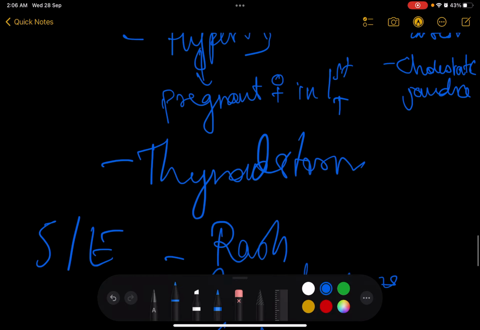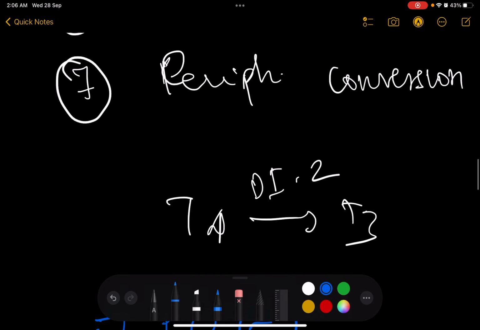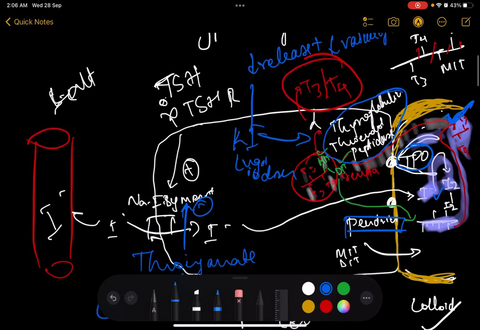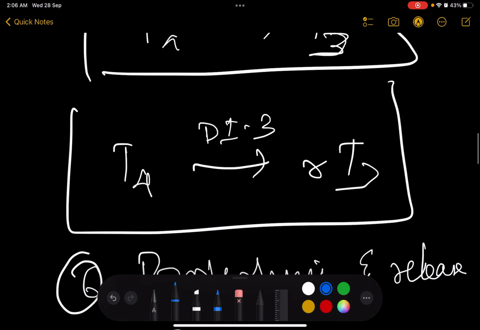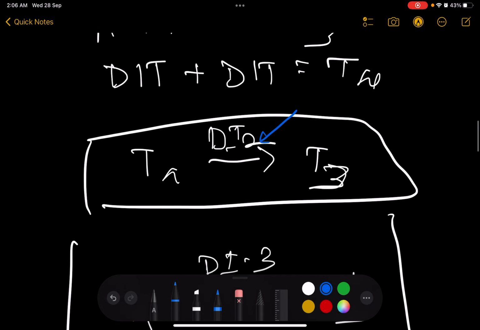And then the most important drug now that we have is the one that inhibits the deiodinase 2 enzyme. These are the drugs that are used in a thyroid storm. So the first drug that you have is propylthiouracil. We spoke about it. Second drug that you have is a steroid.